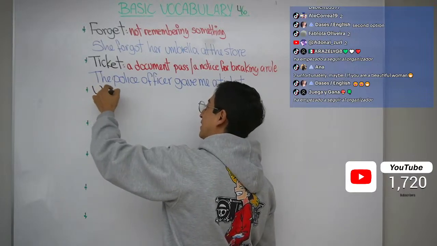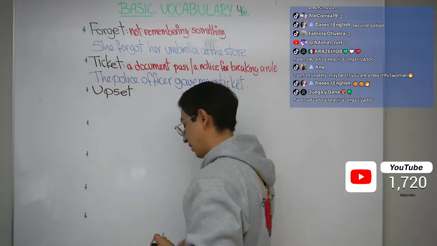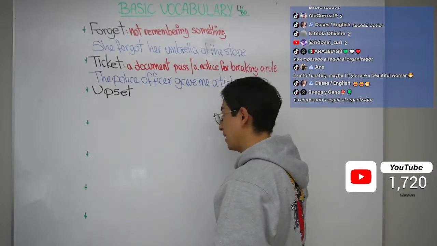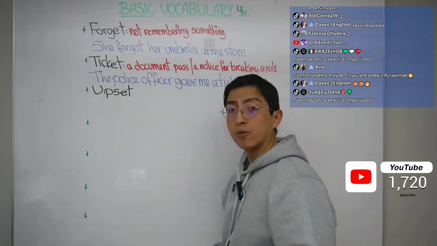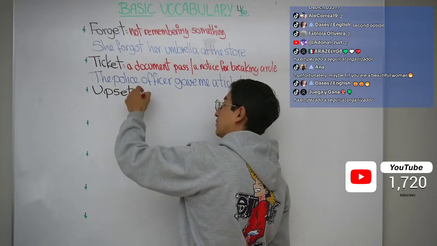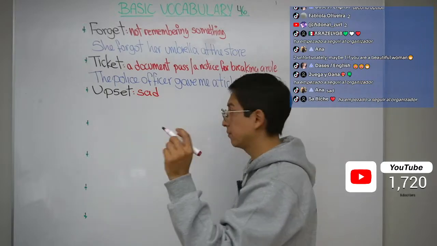Okay, guys, the next word is upset. Guys, what does upset mean? Well, we have different meanings. Meaning number one, we're talking about a person that is sad. Okay, that's number one.